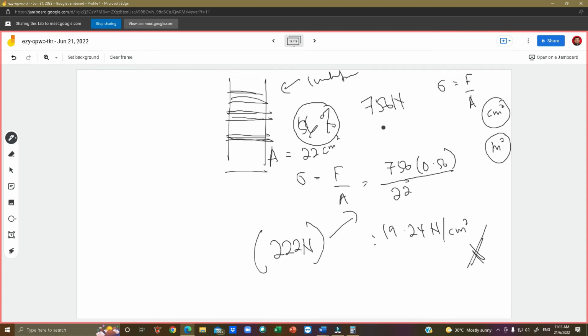Adakah kita akan tambah pada 756 atau kita akan tambah dekat ni? Dekat 56%.